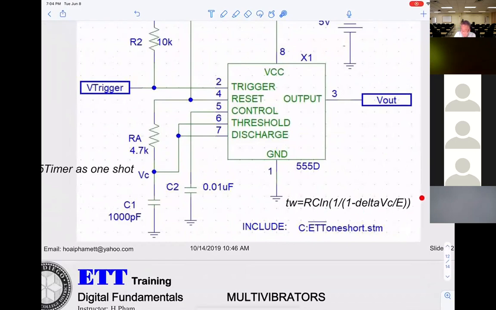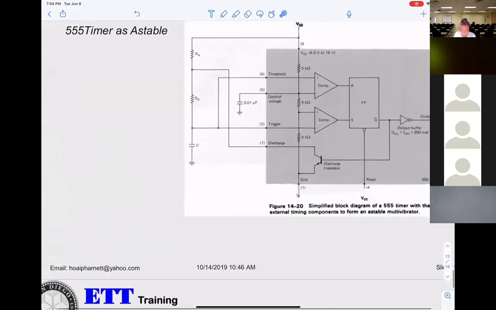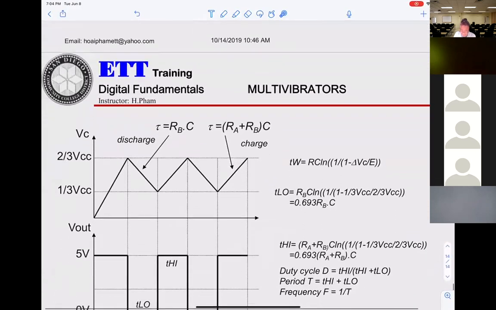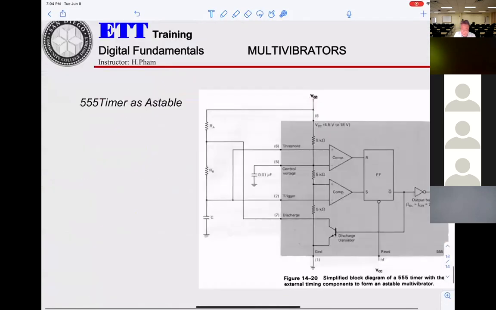Okay, so now I believe the formula will be RC log 1 over, you see that? Delta VC over E. So the only thing is, I may have gotten the wrong calculation with the formula at the beginning.